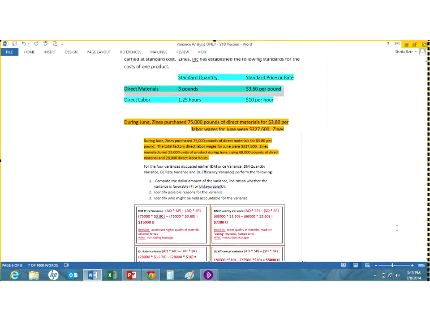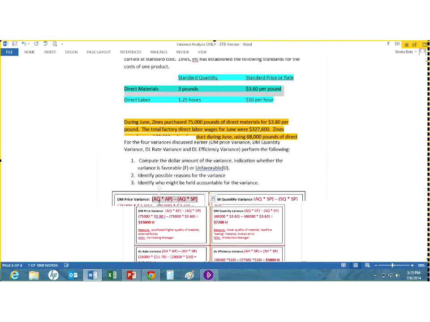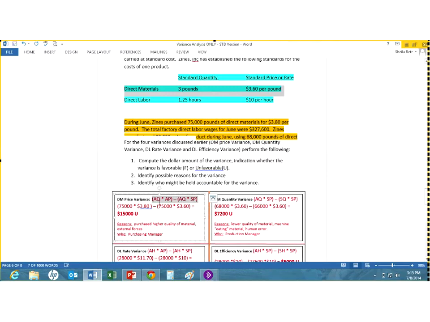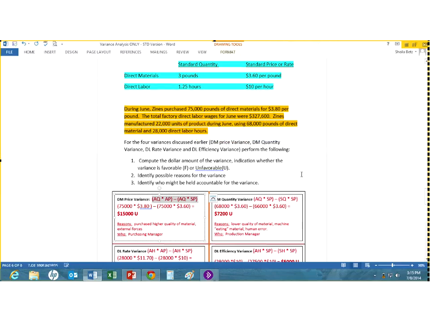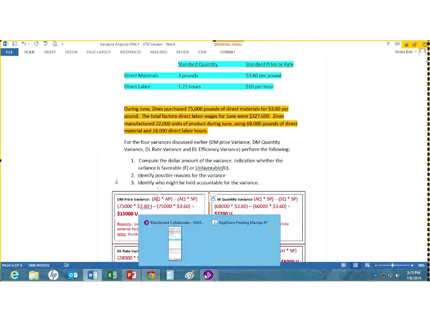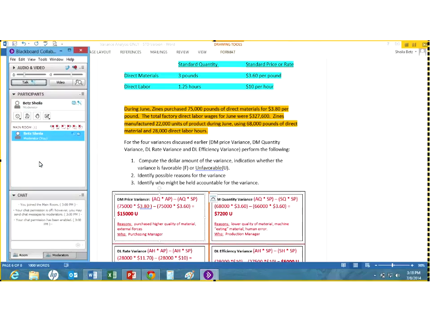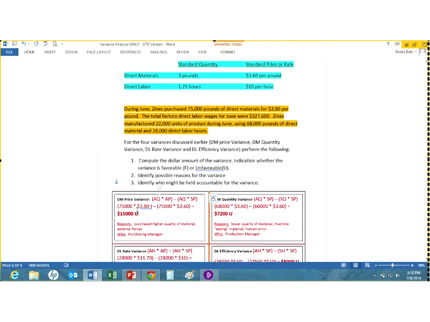Alrighty. So looking at the direct material price variance, first thing we're going to do is put in the formula. So direct material price variance, we're going to look at the actual quantity that we purchased times the actual price minus the actual quantity that we purchased times the standard price. So the first thing we want to look at is the actual quantity that they purchased.